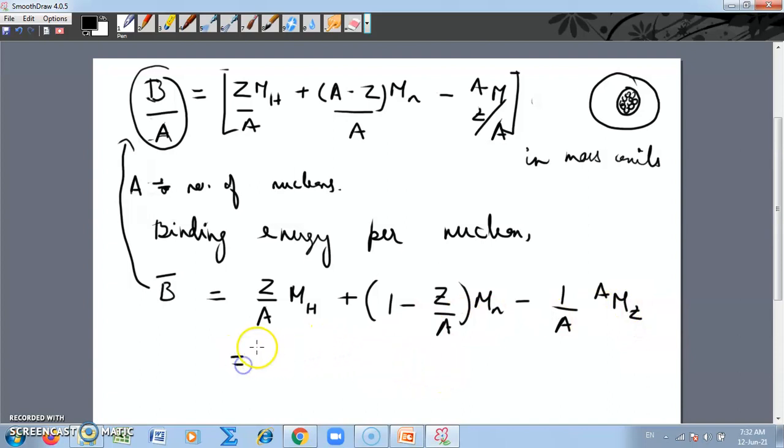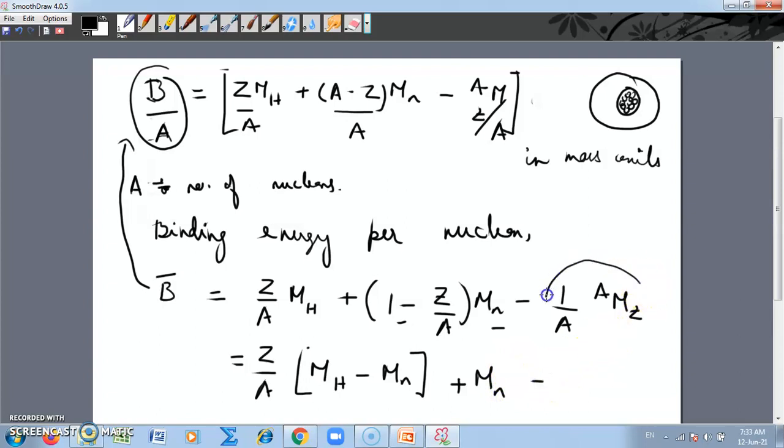So I can take Z by A common out here. So what do I get here? This is mH minus mn, plus mn because of this one, minus, now what is this?